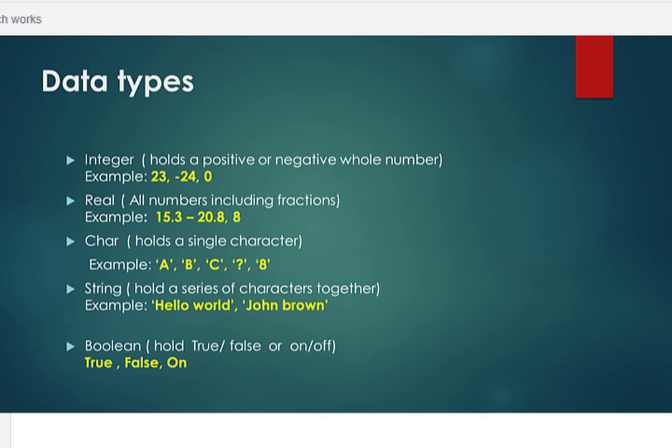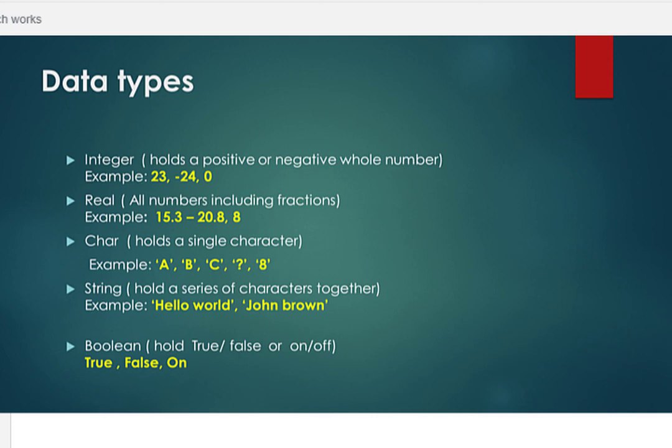And we have real, which represents fractions, whether negative or positive. And we have char, which holds a single character. So whether it's a space bar, a space character, or a question mark, an exclamation mark, a comma, all those are characters by themselves.